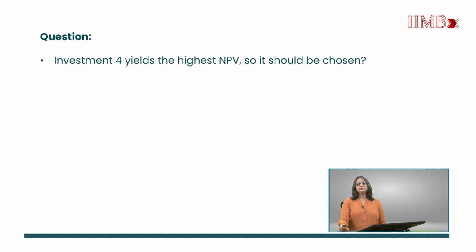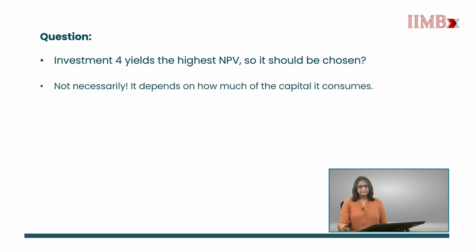Question: investment 4 yields the highest NPV, so should we definitely choose it? Well, not necessarily. It will depend on how much capital you end up consuming in taking that particular project. In this single constraint problem, which is called a knapsack problem, one could take the ratio of what you are getting out of a project and what you are investing in the project.